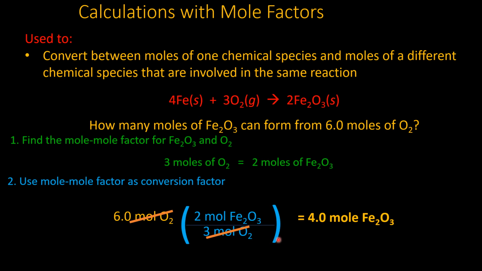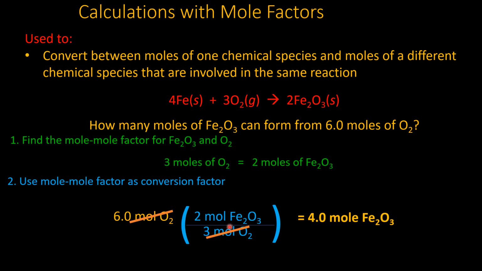The way this is written here in blue is probably technically better, but I'll be honest with you, I'm probably going to be lazy and leave the moles off. Just if you do leave it off of one of them, leave it off the other so that the dimensional analysis is correct.